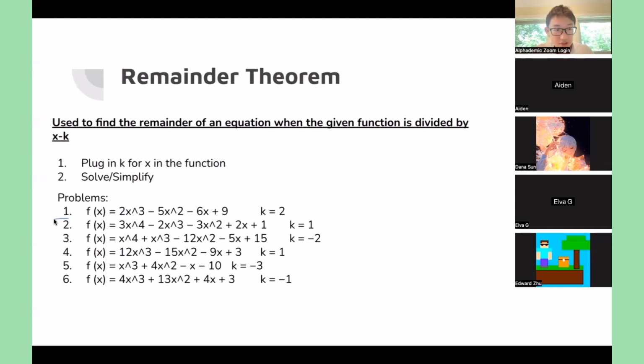Do numbers 2, 3, and 4 using the remainder theorem, and once you're done, put the answers in the chat box. Again, to find the remainder of this function when divided by x minus k, you plug whatever value k is into the x spot in the equation, and that is your remainder.